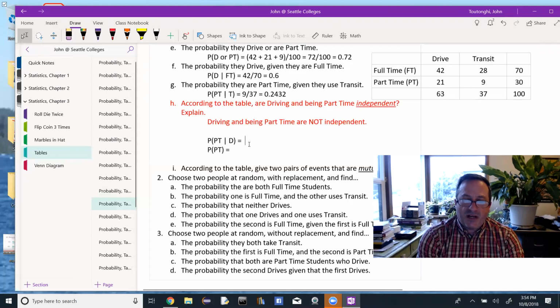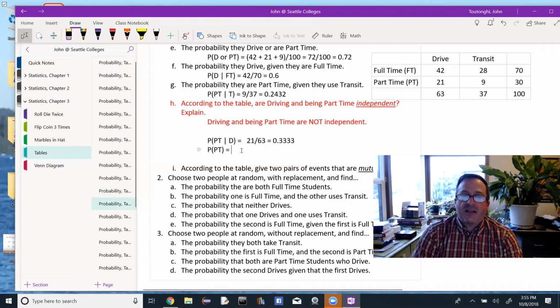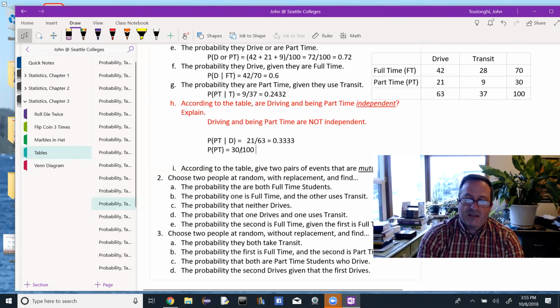So again, in this problem, I would look at the denominator first. How many drove? 63. Of those, how many were part-time? 21. So the probability of part-time given that you've driven is 21 out of 63, or 33%. The probability that you're part-time, in general, there are 30 part-time students out of 100, or 30%.